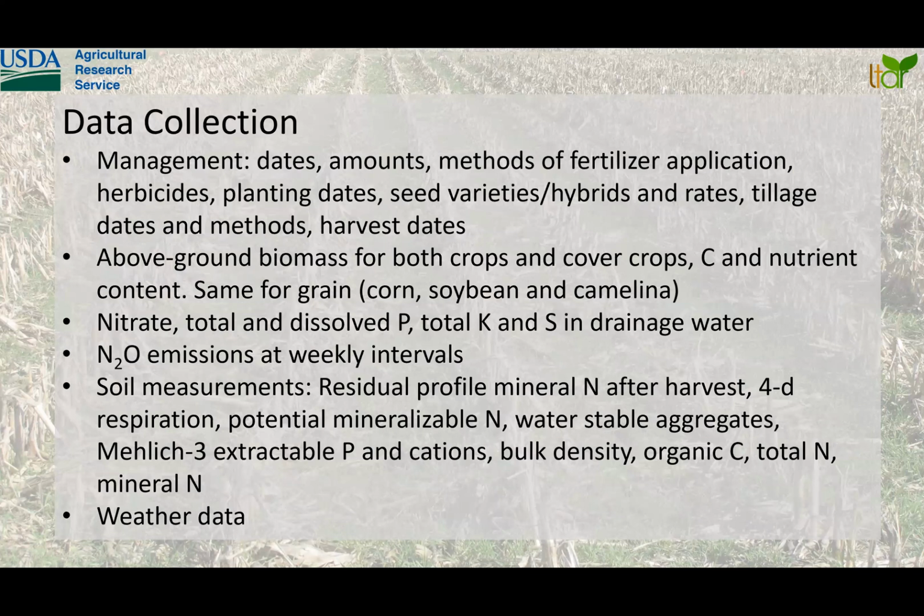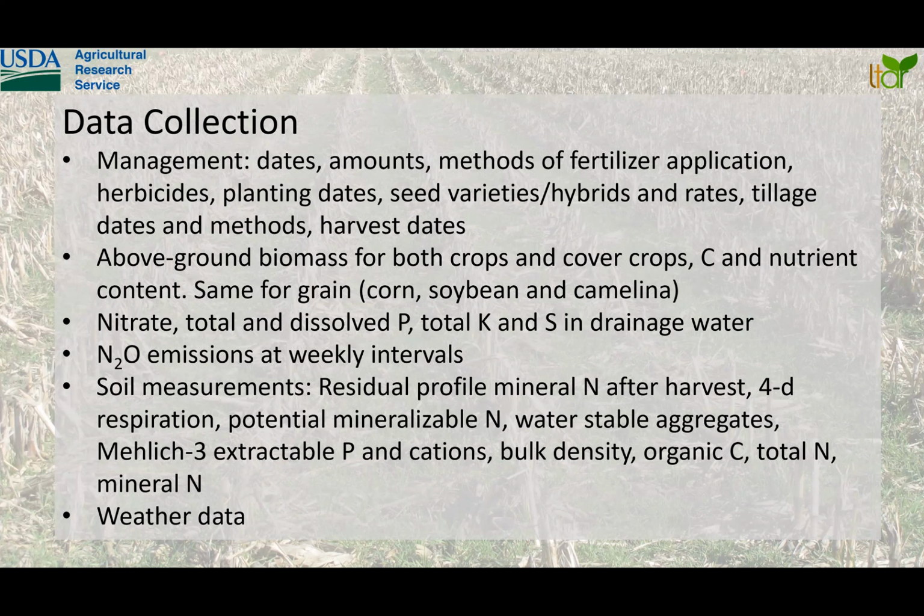I'm not going to go through all these, but this is all the information on data collection, what we collect in the field. If you read through this real quick, you can see we collect a lot of data, all the crop production data, the management data. We're looking also at not just the grain production, but also what's in the grain, what's coming off the field. We're measuring nitrate, total and dissolved phosphorus, total potassium, and total sulfur in the drainage water that comes out of each of those individual lines.